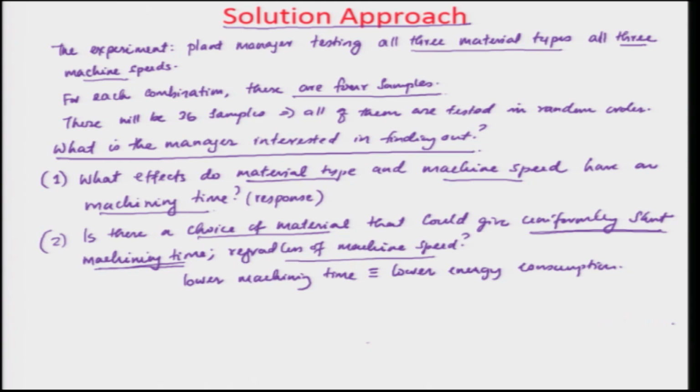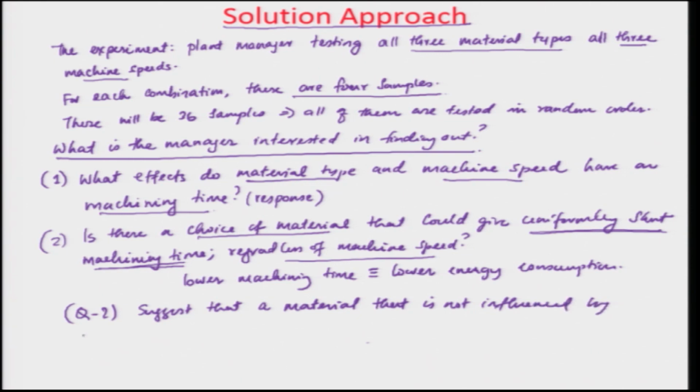the machining speed. Okay. So, question number 2 that the manager wants to ask suggests that a material that is not influenced by machining speed, okay, will make the process robust.